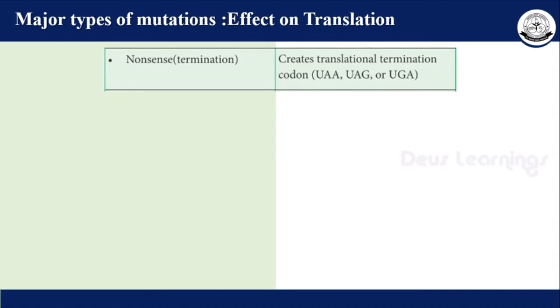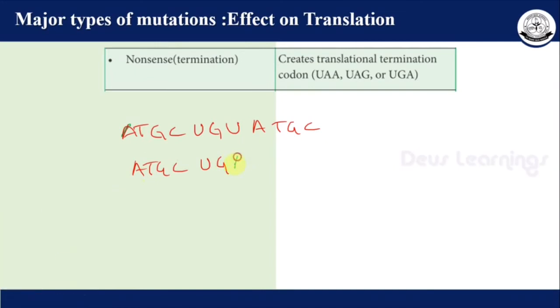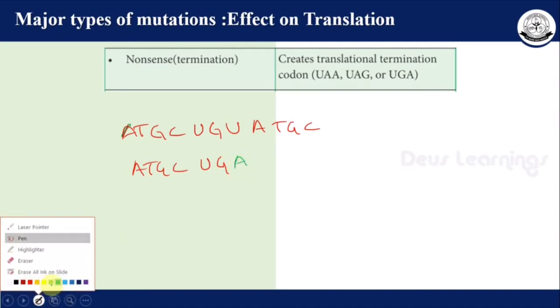Then nonsense. What happens in a nonsense mutation if we have a sequence like A, T, G and C, followed by U, G, U, followed by A, T, G and C, and a mutation happens which makes U, G, U into U, G, A, followed by the same ATGC.